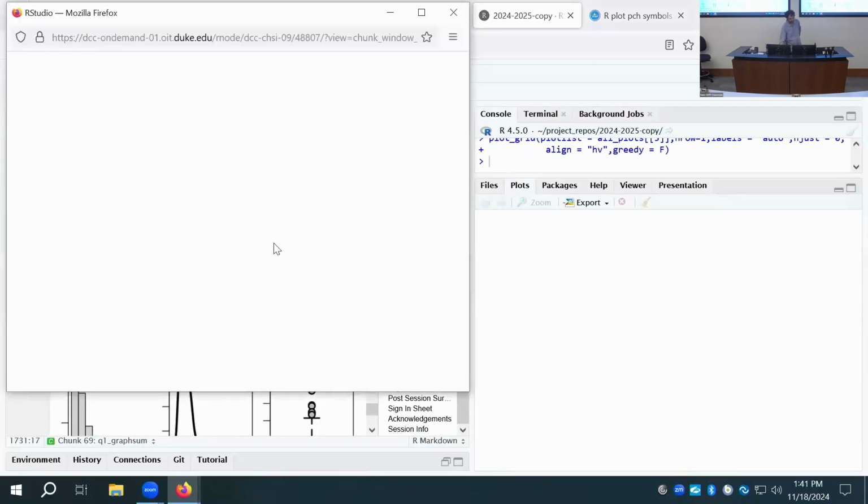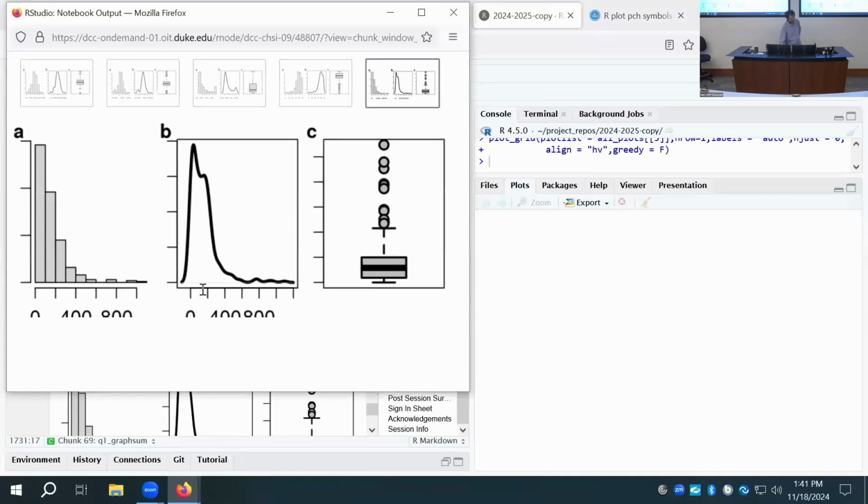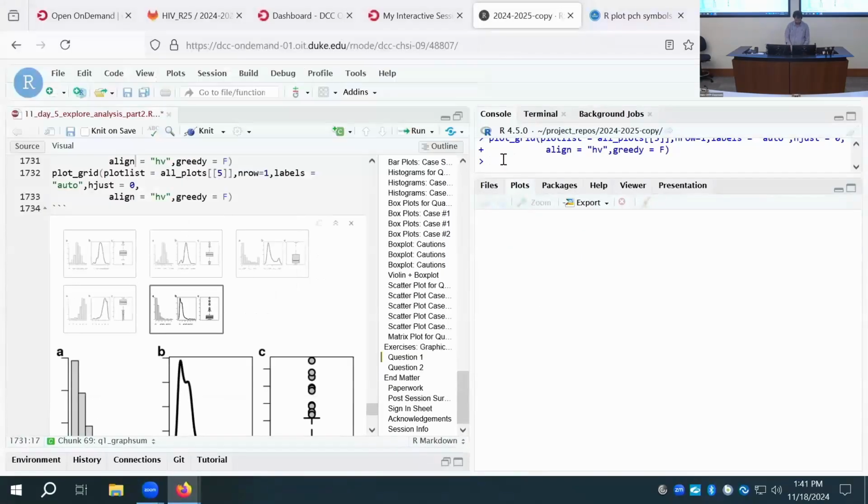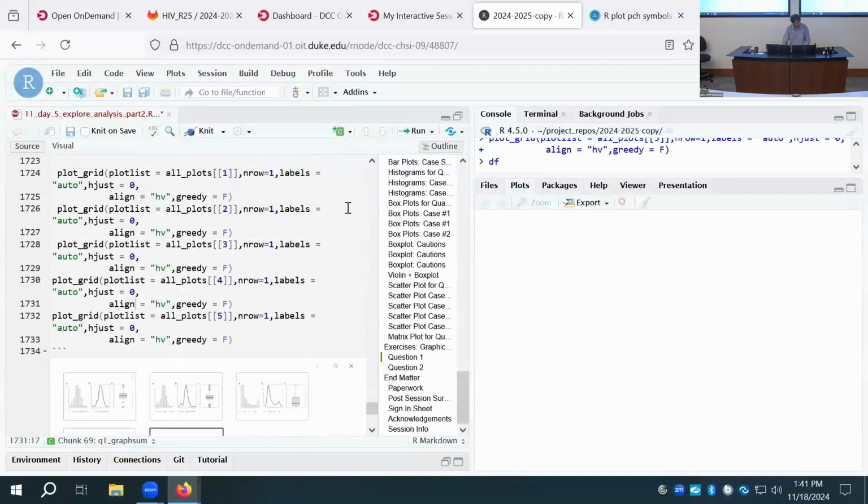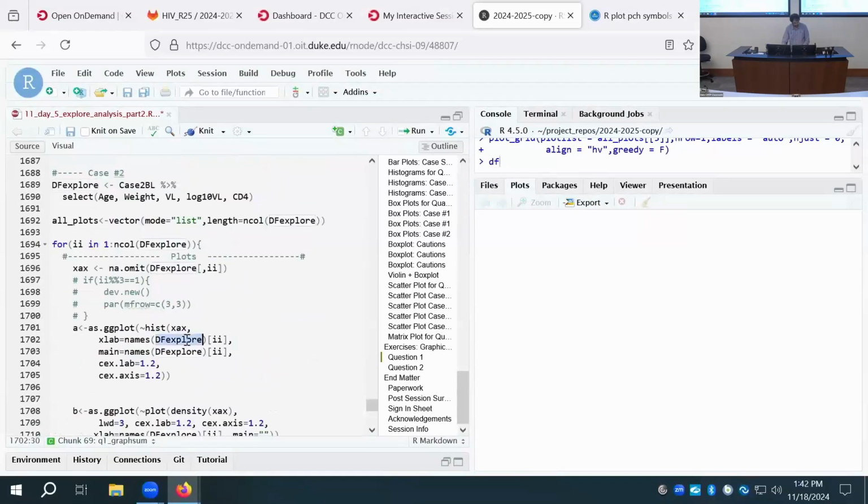So this is kind of to just look at it and say, okay, CD4, are there people that have 0 values of CD4? That may be odd. Maybe we want to ask about that. Go see who collected the data and be like, hey, is that right? We can then look at the data set, which I think we called DF Explore, Data Frame Explore.